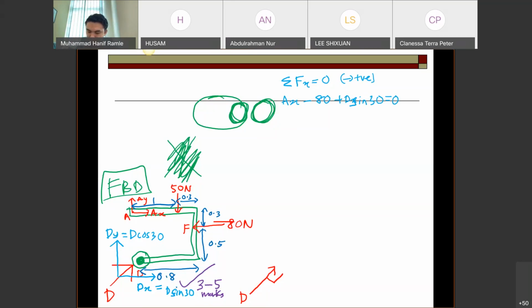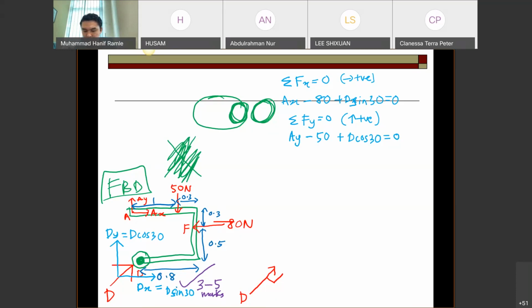And then for the sum of FY equal to 0, I assume that upward is positive. We determine the component AY minus 50, and then plus DY, which is D cos 30, equal to 0.